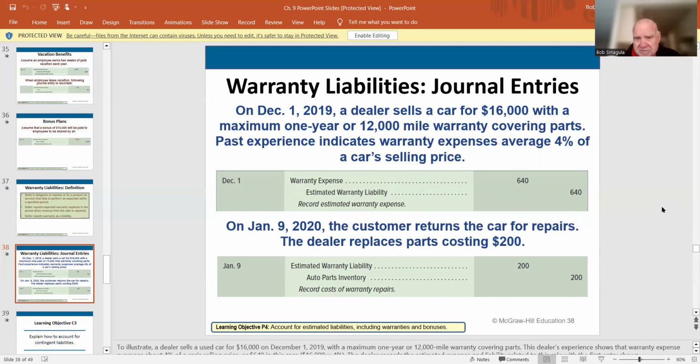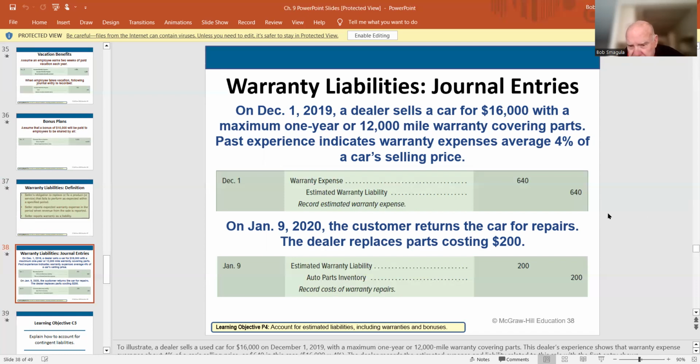So we take 4% of the 16,000, we call that warranty expense, and we credit warranty payable or estimated warranty liability. A warranty is like an insurance plan, if you will. You buy something, and if it breaks, not your fault, the company is on the hook for repairing it.